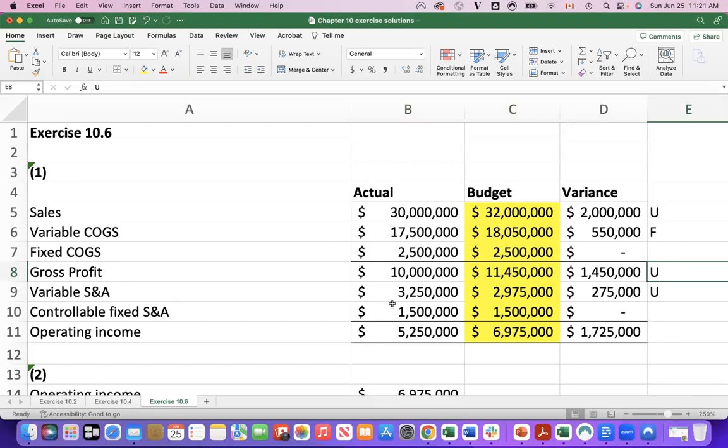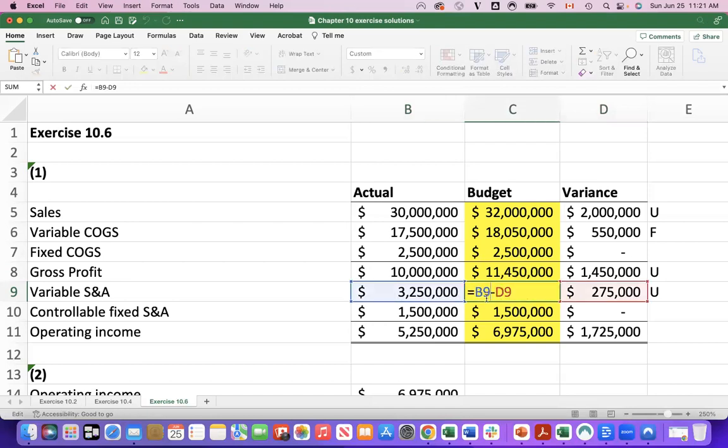Now looking at our selling and administrative expenses, we actually incurred 3.25 million in variable selling and admin. There was a $275,000 unfavorable variance associated with that. So when we're dealing with expenses and we have an unfavorable variance, that means the actual amount incurred must be greater than the budgeted.